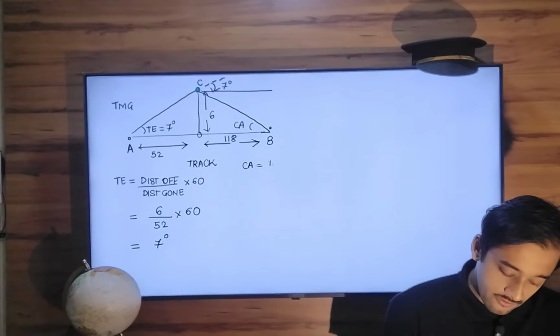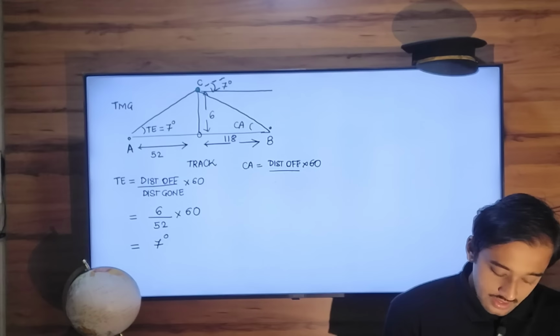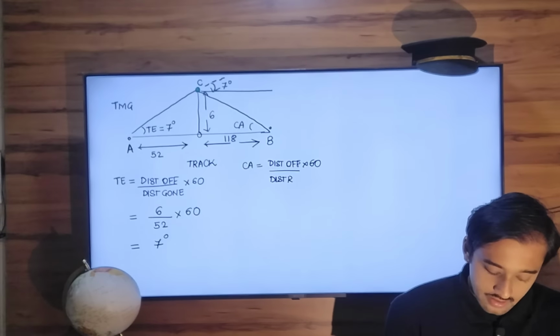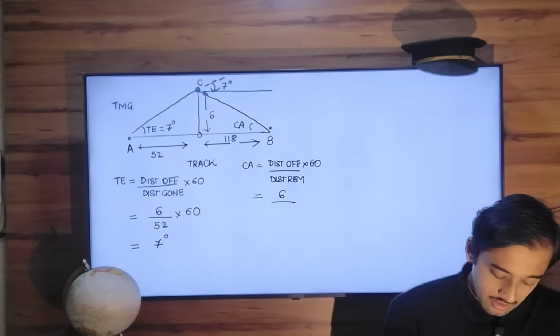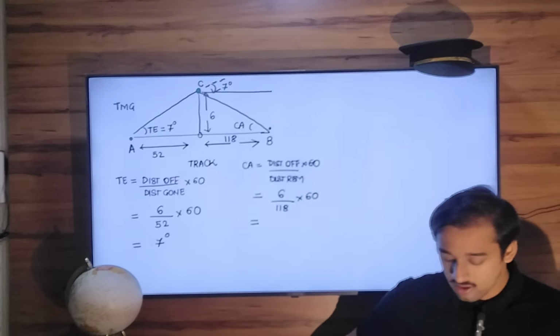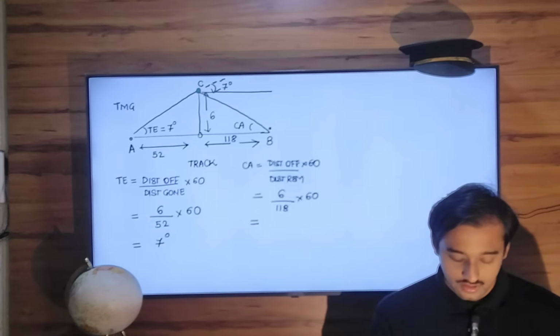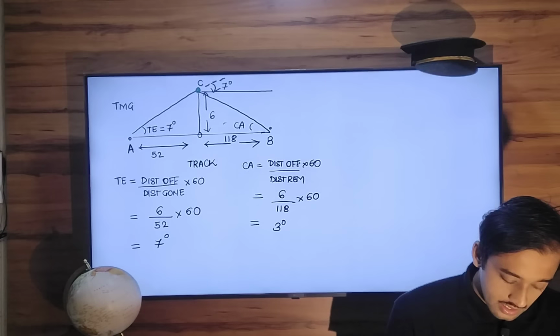So distance off track divided by distance remaining. Distance off track is 6. Distance remaining is 118 into 60. So this will be equal to 3 degrees. So the angle is 3 degrees.